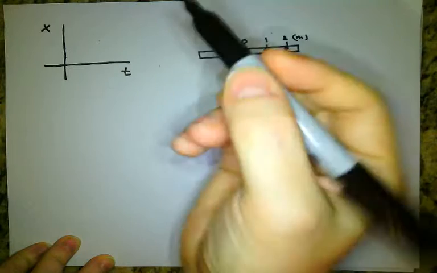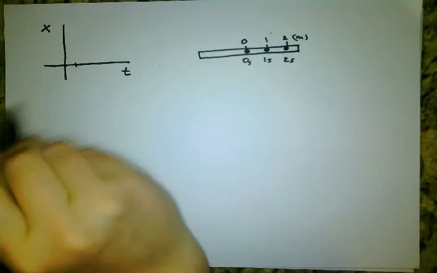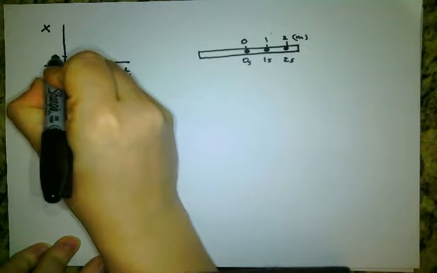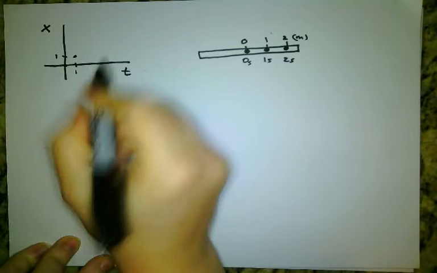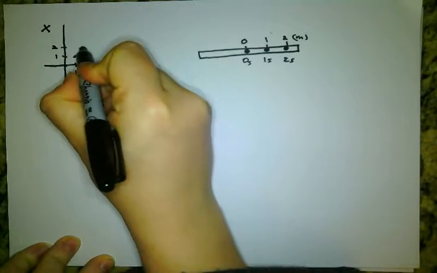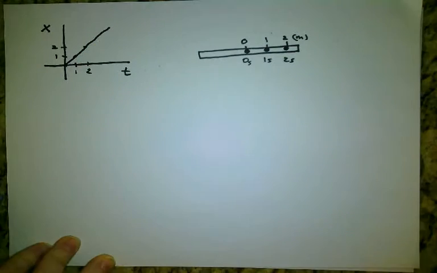That's basically what this graph means, where we plot 0, 0 for 0 meters at 0 seconds, 1 second and 1 meter, put a point there, and you've got 2 seconds and 2 meters. And basically you get a straight line.